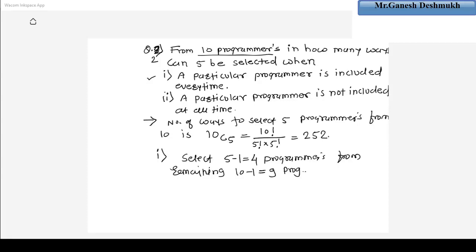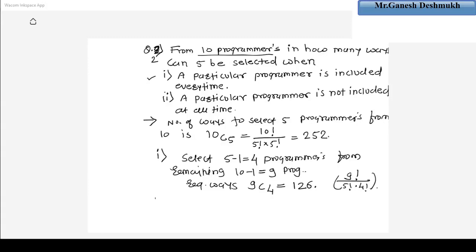So the required ways becomes 9C4. The answer you should get is 126, that is 9 factorial divided by (9 minus 4) factorial into 4 factorial.